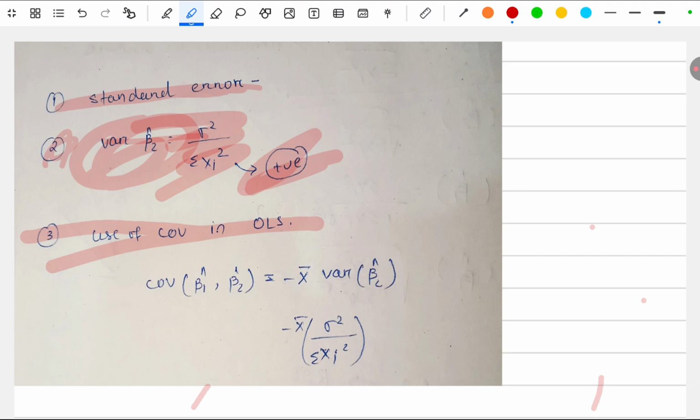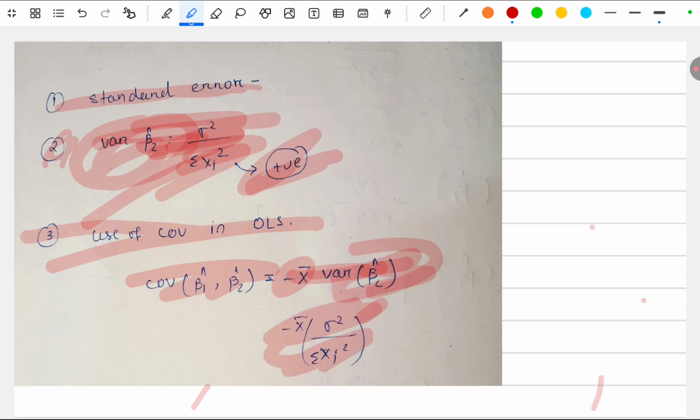So the covariance of beta 1 hat and beta 2 hat is minus x bar times variance of beta 2 hat. We already know the value of variance of beta 2 hat, that is sigma square by summation xi square. We know that this variance is always positive, it cannot be negative.